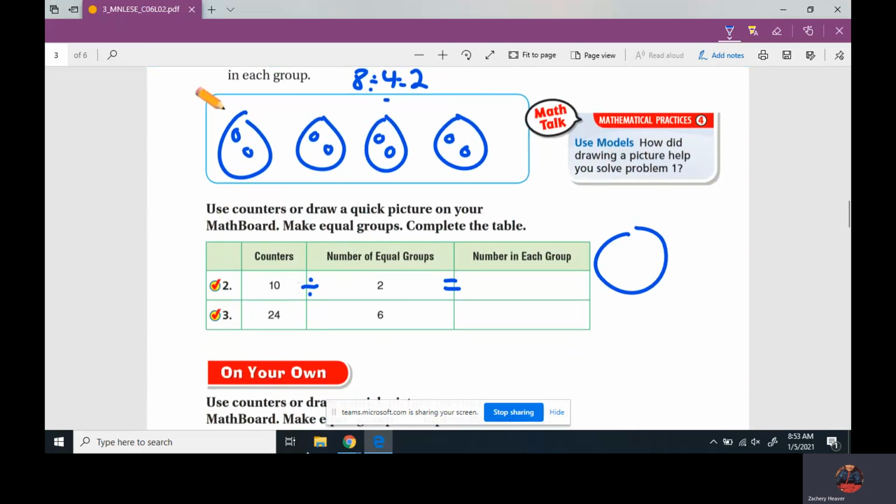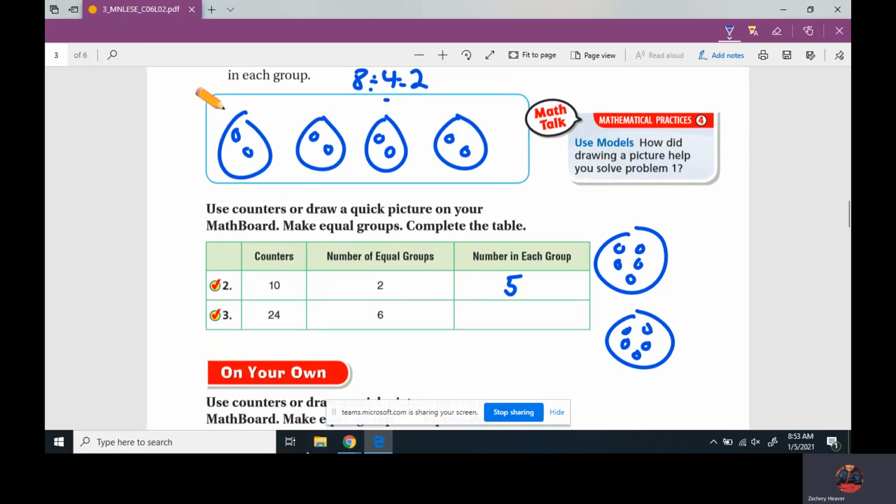So we have 2 equal groups and we have 10 counters. So we have 1, 2, 3, 4, 5, 6, 7, 8, 9, 10. So there's 5. And that also says 5 times 2 equals 10, which we know is true.